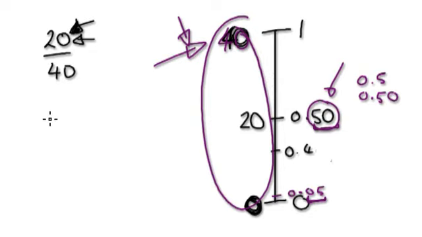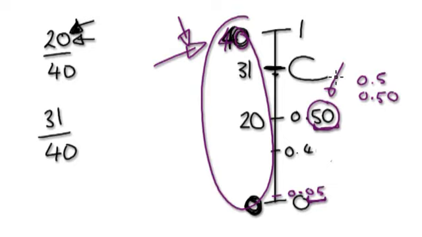So let's say you've got 31 questions correct out of 40. This is 20, this is 40, and 30 is somewhere here. Well, you've got 31, so you're slightly above the 30 mark. What would represent the 31 mark here?